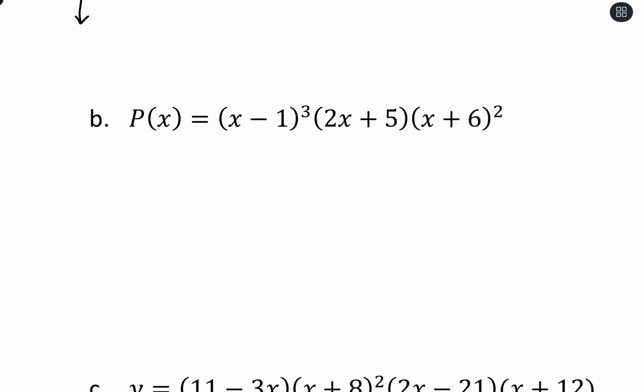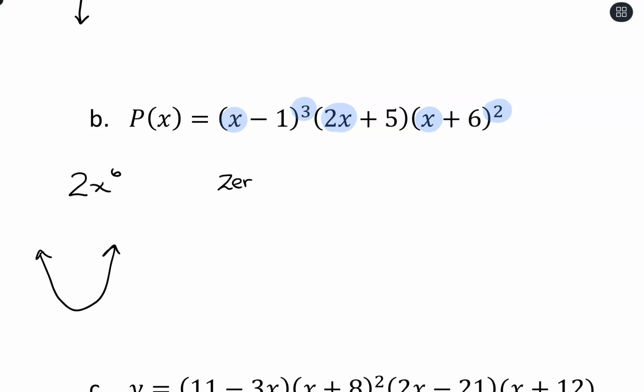Okay, with this one, for the leading term, I would have an x cubed times 2x times x squared. So my leading term is going to be 2 times 3 x's, 4, 5, 6. So our general shape is going to be like this.